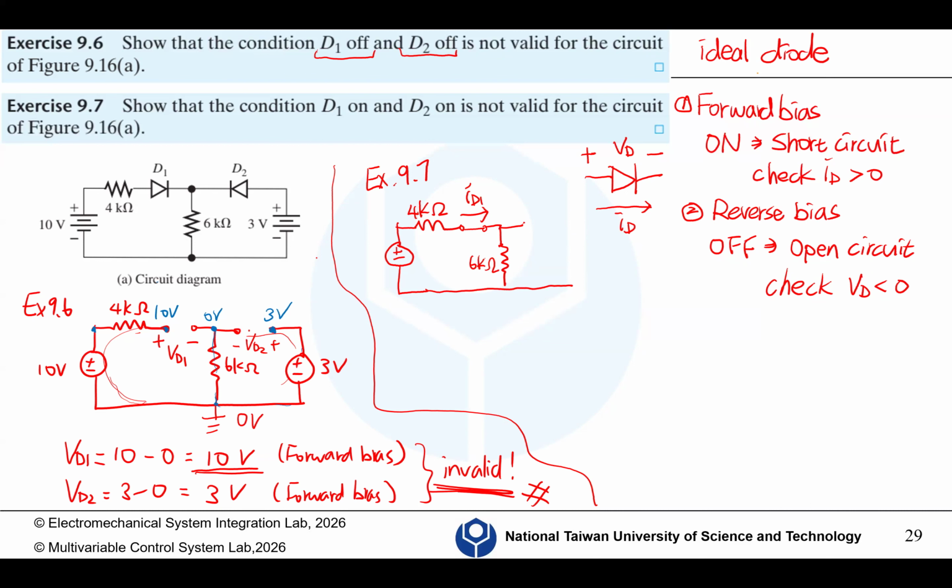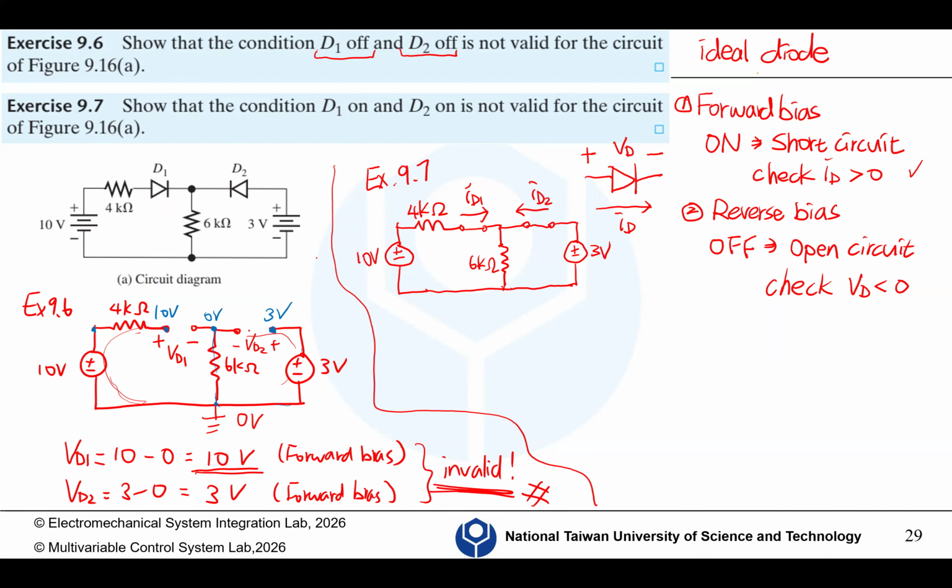And so this is short circuit. This is 10 volts. This is 3 volts. And for the short circuit, the direction of current is ID2. If they are on, then we need to check if the currents are positive values, right? So how can we check?